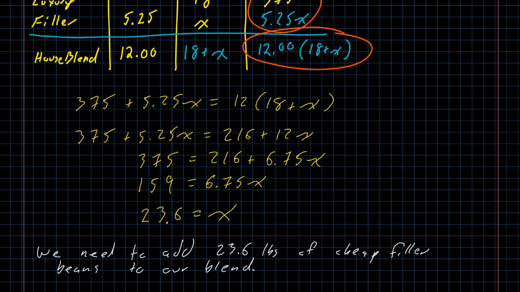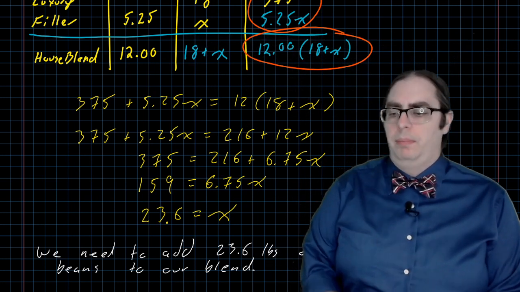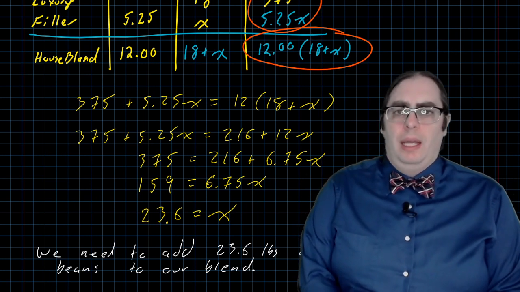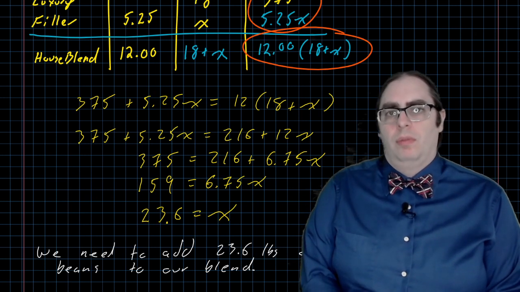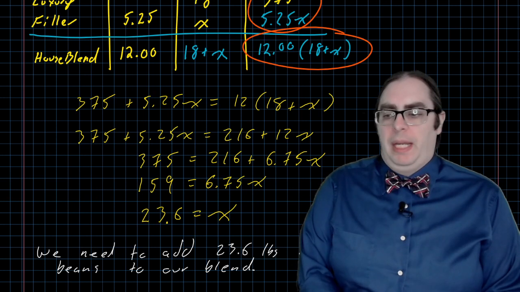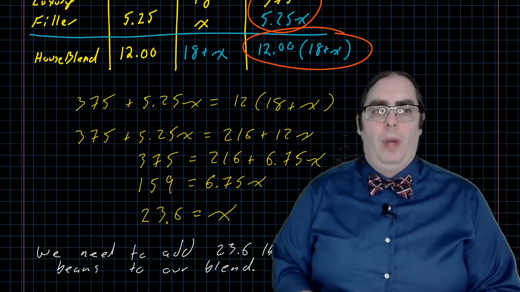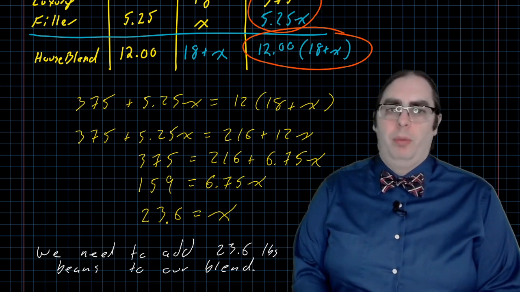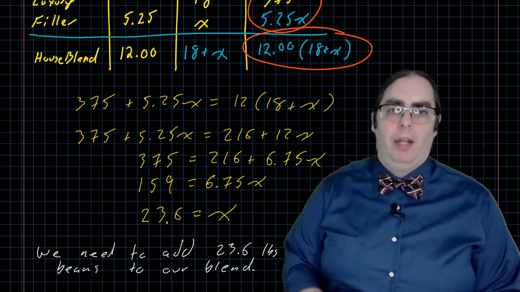There's several question marks that are left here that are a little bit beyond the scope of this problem, right? We had to round that somewhere, and that might not have been the right place. If we are buying our coffee by the pound, it might be that the only cost-effective way of making this blend is to put a whole number of pounds of beans in, because we can only buy 1 pound bags.